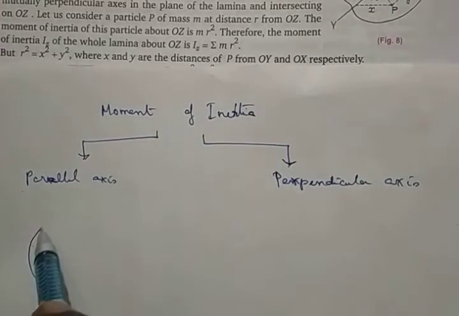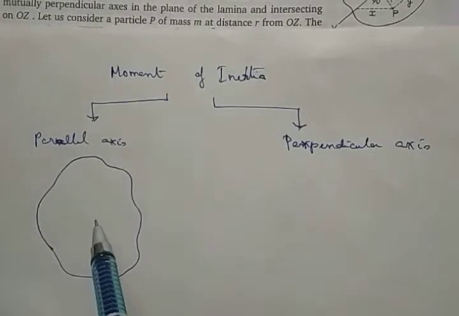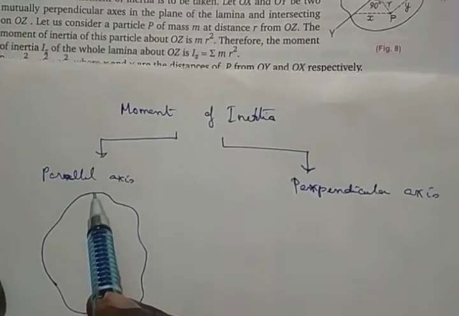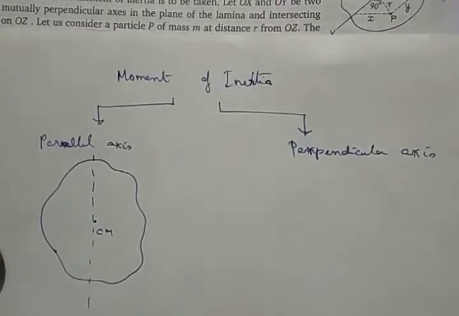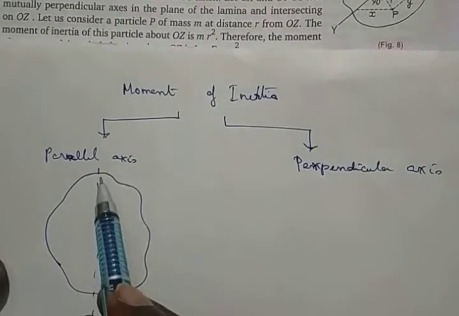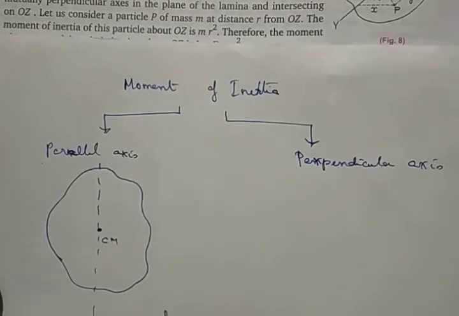Suppose you have a big body like this and this is the center of mass. Usually it is very easy to rotate a body along the center of mass. Along the center of mass, if you rotate, it will be very nice. So put an axis along the center of mass. That is the easiest thing to do.